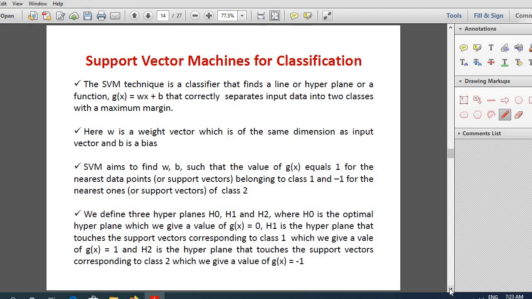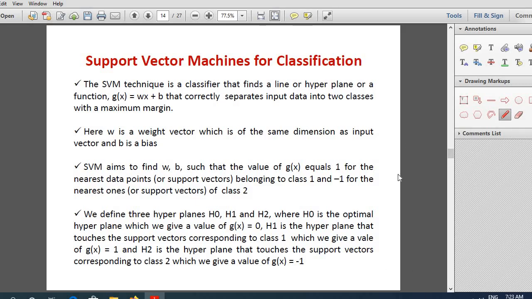If you don't know who is male and who is female, how can you find the support vectors of each class? You can't. Only if you have the output data, whether each data point corresponds to male or female, can you find the support vectors. That is the importance of output data here.